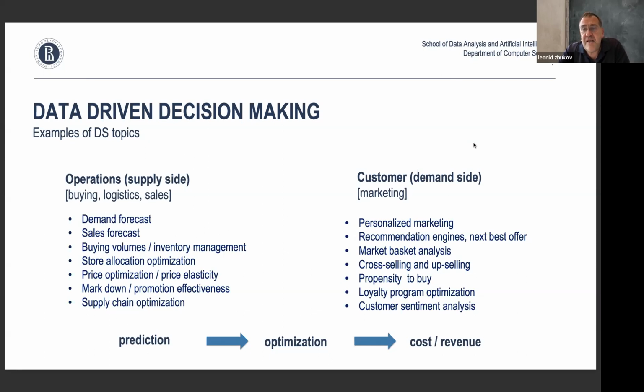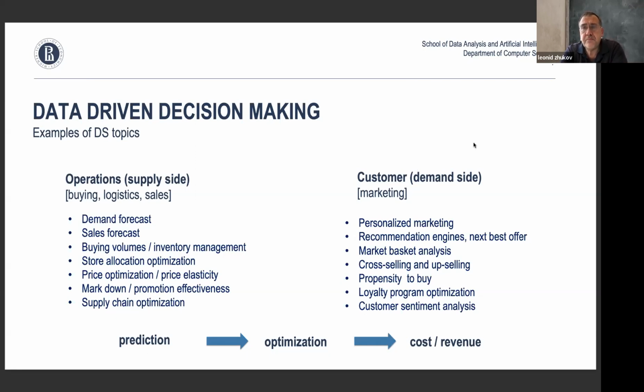Market basket analysis, a more traditional technique similar to recommendation, analyzes the basket and the items that are bought together and can suggest you buy some item based on what you already have in your basket. Cross-sell and upsell: upsell is selling you a more expensive version of the product you're trying to buy, or a product with some additional features.